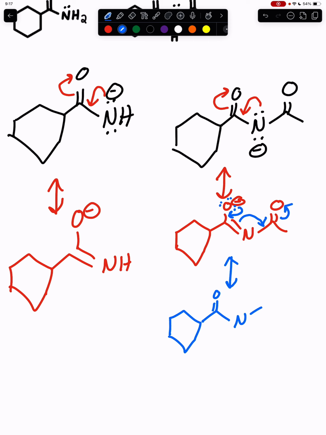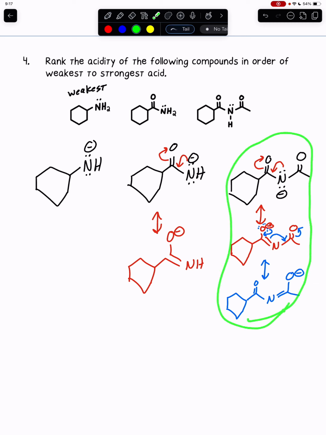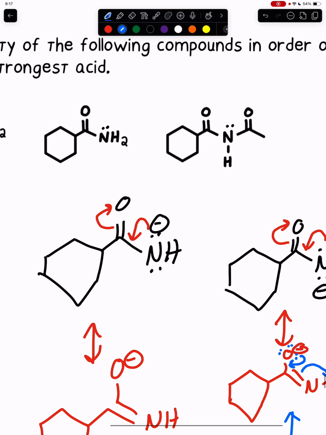So you can see that this structure here has the most delocalization of that electron density, which means this one on the far right is handling the negative charge the best, which means this is the most stable conjugate base, and therefore it came from the strongest acid.